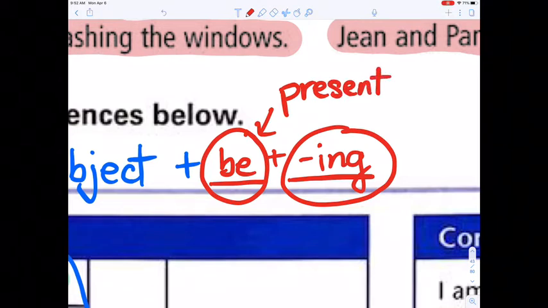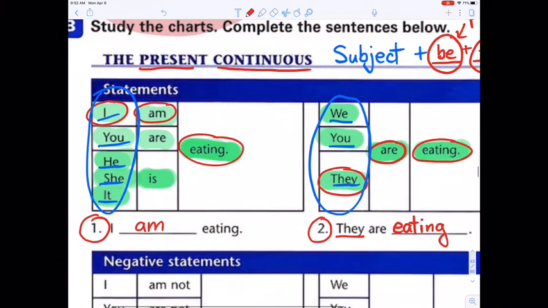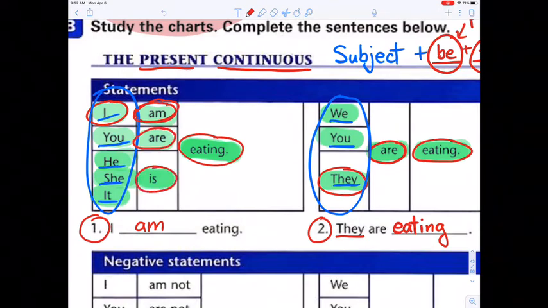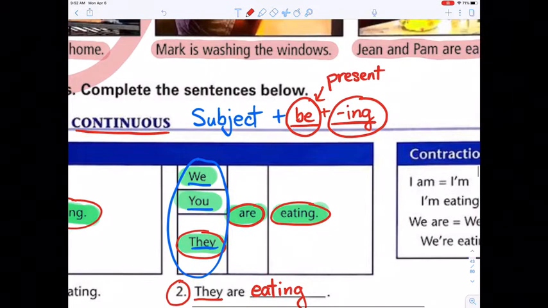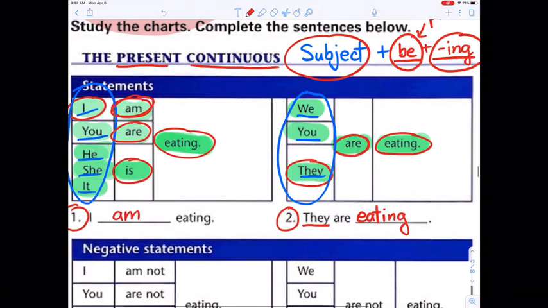So what are the forms of be for the present? We can find them in the chart. Am, are, or is, depending on the subject. Okay, so we talked about statements. I am eating. They are eating.